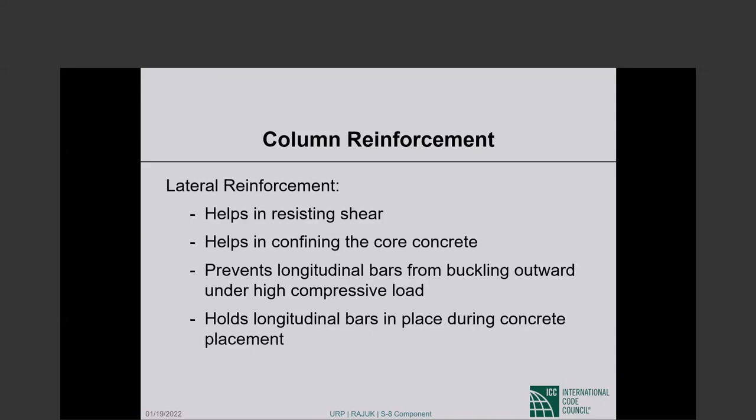But if the compression is significant, then buckling out of the bars by destroying the thin cover concrete is entirely possible. It does happen. And to prevent that, we have to place lateral reinforcement again at a reasonably close spacing. Six times the bar diameter or so is needed to prevent buckling. Okay, something in that neighborhood.